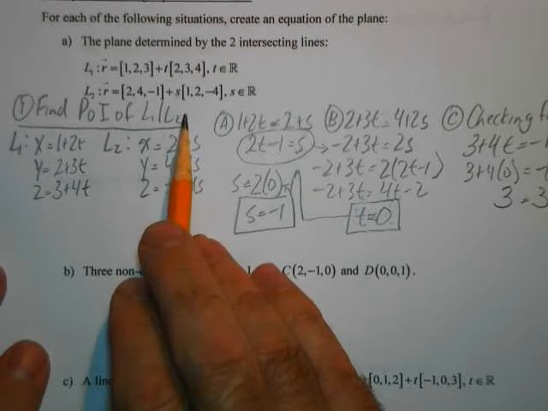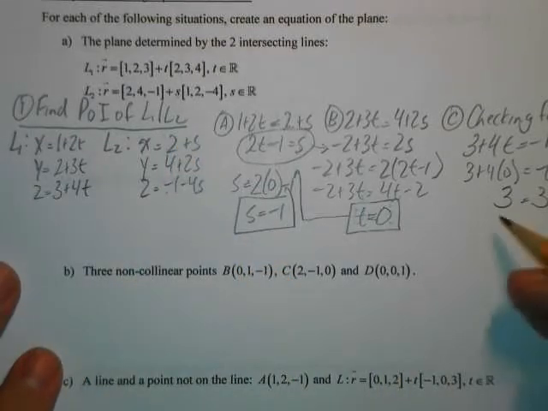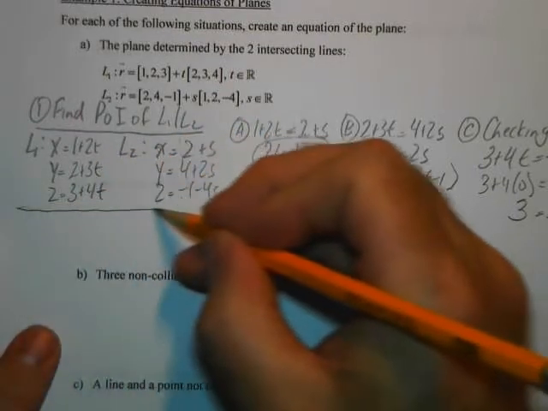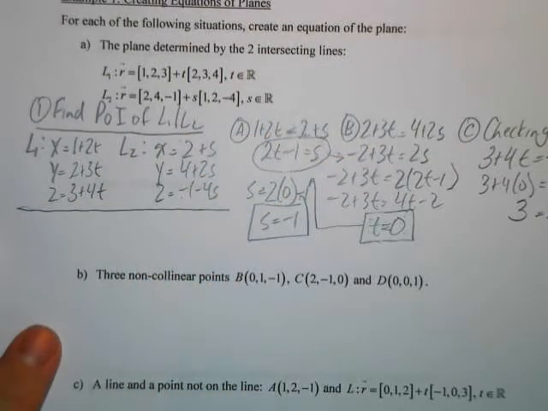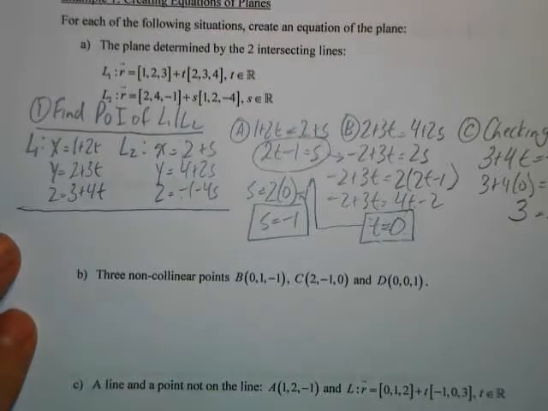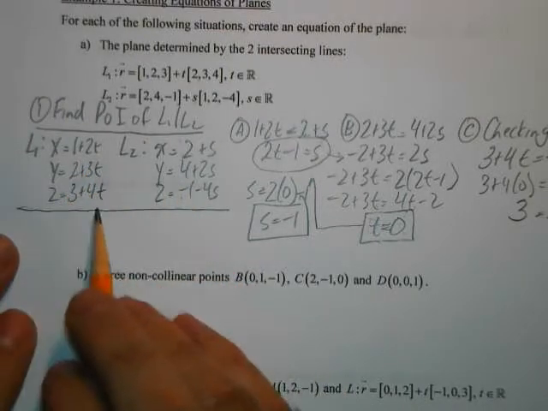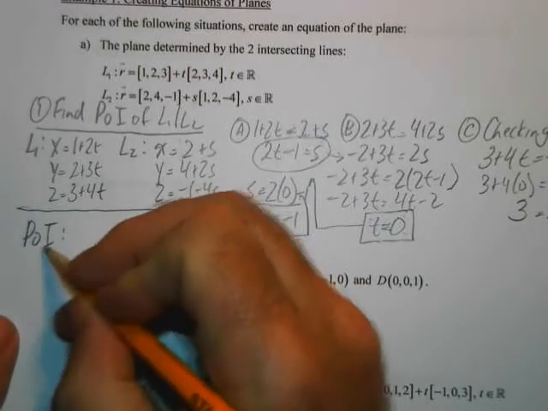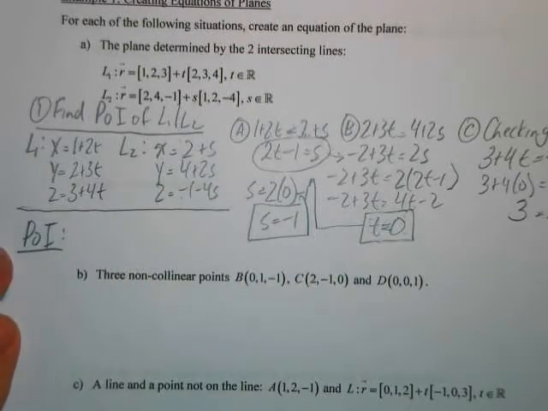Okay, so I don't have that yet. So I'll come back over here. And I don't have to plug them into both equations. I can just plug them into one now that I know they do have a point of intersection.